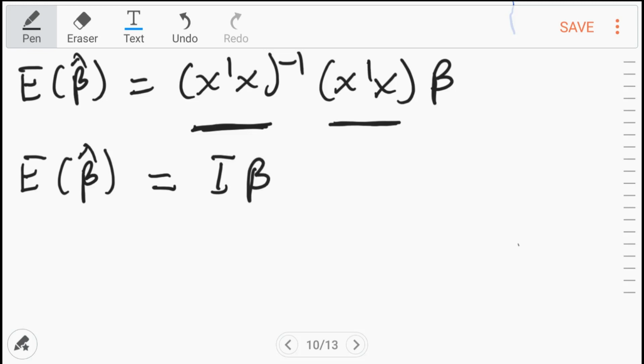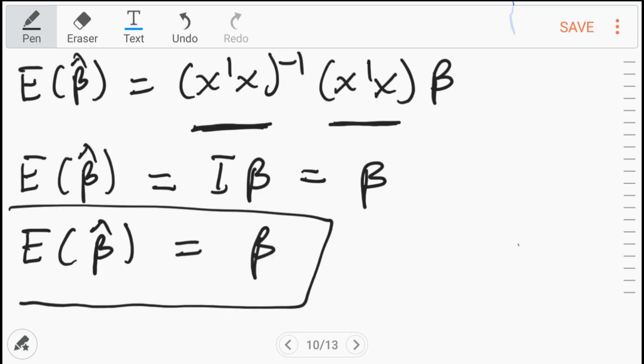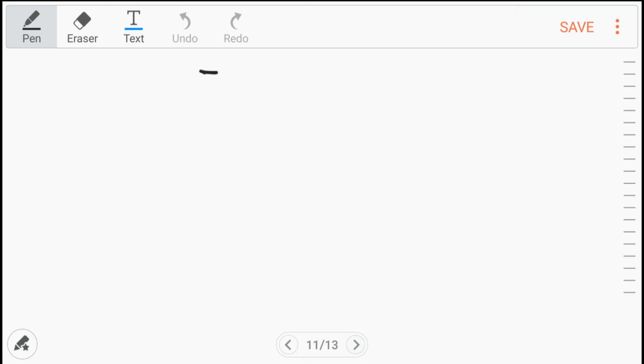And we also stated that the identity element times any matrix is the same matrix. So the expected value of beta cap is equal to beta. Simple as that. Finally, we can state that the expected value of beta cap under a multiple linear regression model is equal to beta.